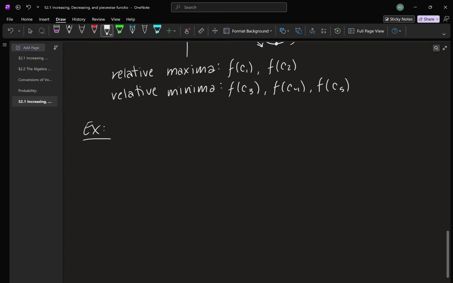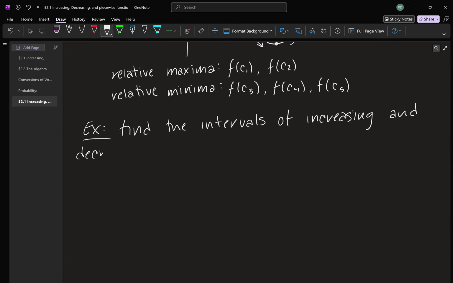Find the intervals of increasing and decreasing. And then find the relative maxima and minima of the function.